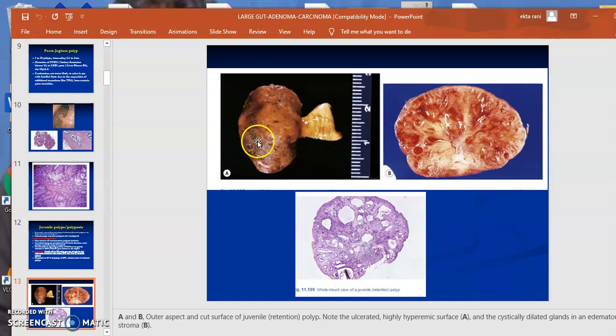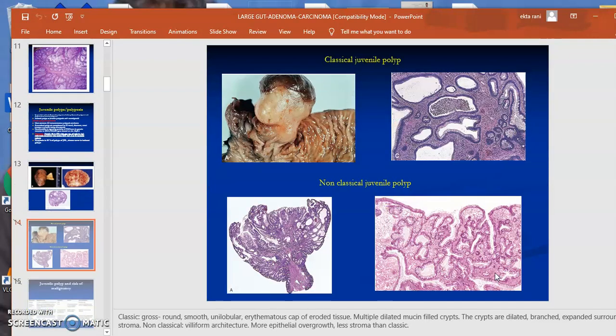Grossly, it has a hyperemic surface, and microscopically, it has cystically dilated glands. These cystically dilated glands in an edematous stroma are characteristic of juvenile polyps.